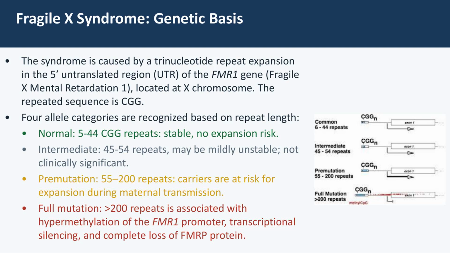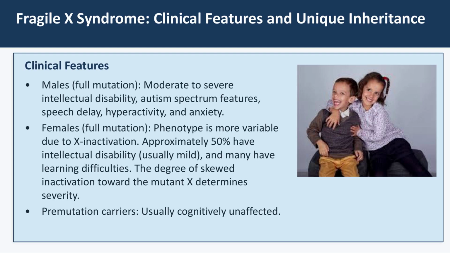Full mutation alleles with over 200 repeats lead to hypermethylation of the FMR1 promoter, transcriptional silencing, and loss of FMRP protein. In males with full mutation, Fragile X syndrome leads to moderate to severe intellectual disability, autism spectrum features, speech delay, hyperactivity, and anxiety.